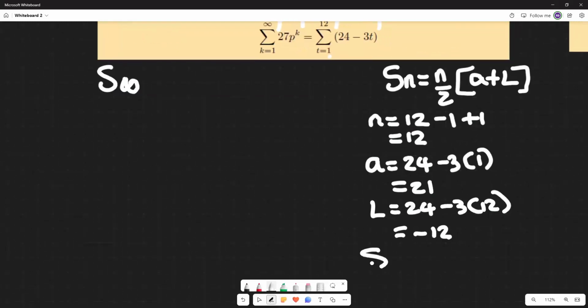Sn will be S12, because the number of terms we're adding is 12. So I'm going to replace n by 12. It's 12 over 2, and then the first term, we said is 12. No, the first term is 21, sorry. And then plus the last term, which is minus 12.